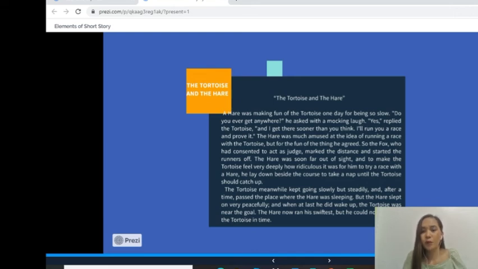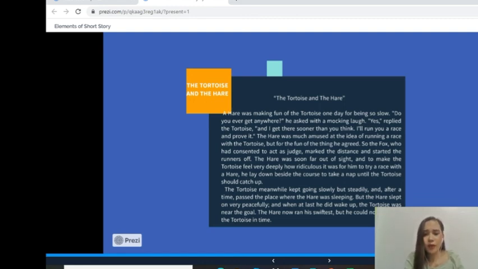The hare was so much amused at the idea of running a race with tortoise, but for the fun of the thing he agreed. So the fox, who had consented to act as judge, marked the distance and started the runners off. The hare was soon far out of sight. And to make the tortoise feel very deeply how ridiculous it was for him to try a race with hare, he lay down beside the curse to take a nap until the tortoise should catch up.